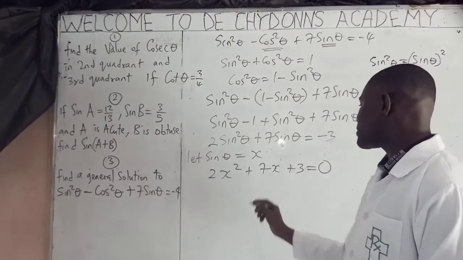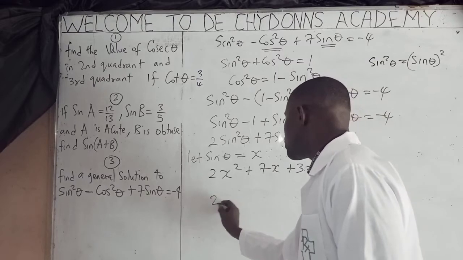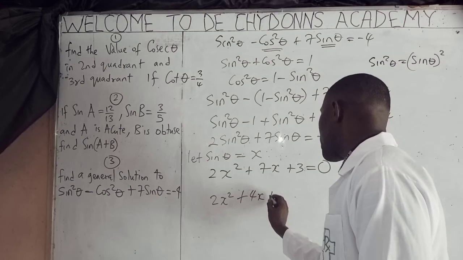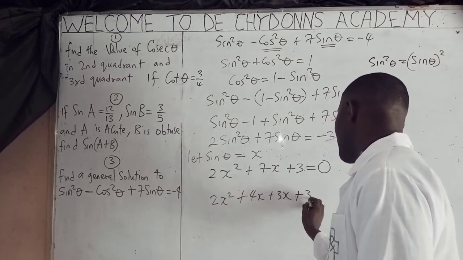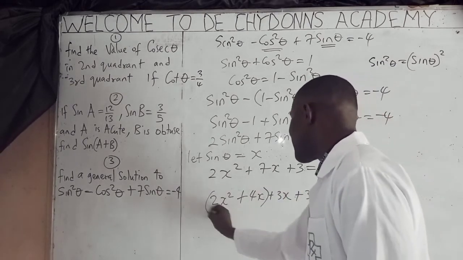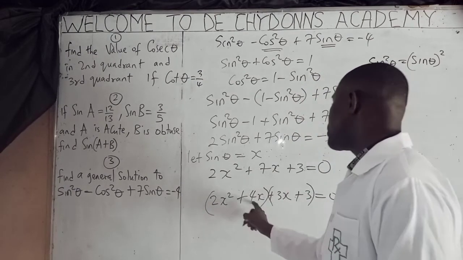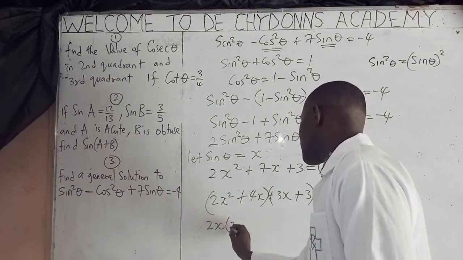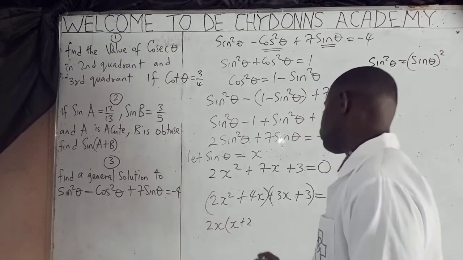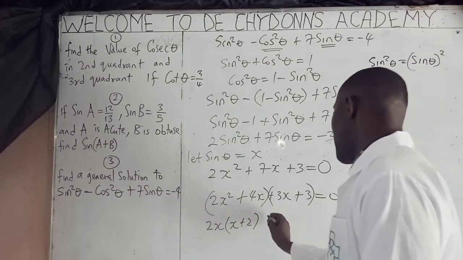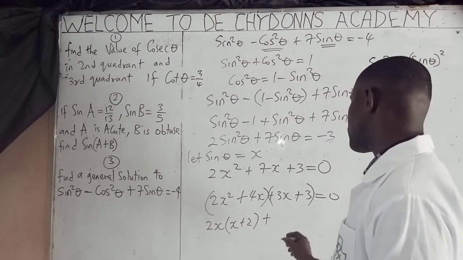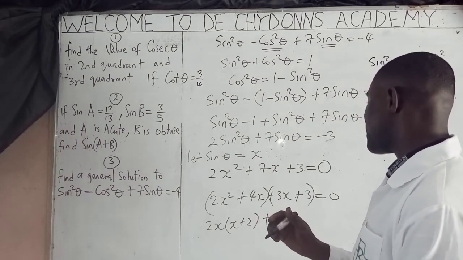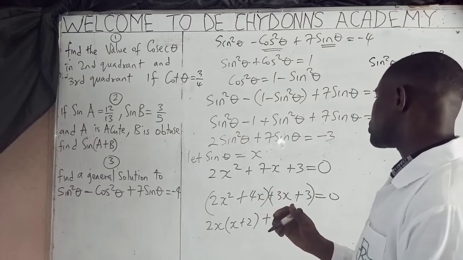Can we factorize? Yes. We now say 2x squared, 7x will give me 4x plus 3x plus 3 equals to 0. I will bracket. What do these have in common? 2x bracket x plus 2, then plus 2x bracket x plus 2.